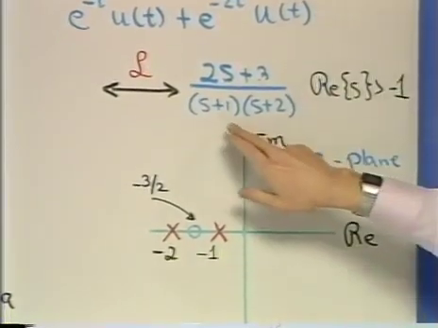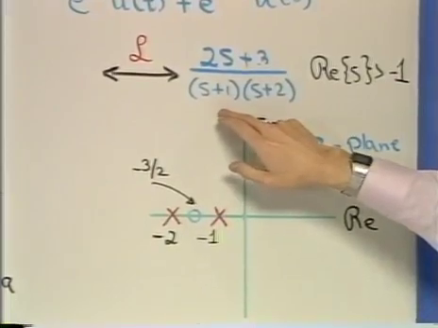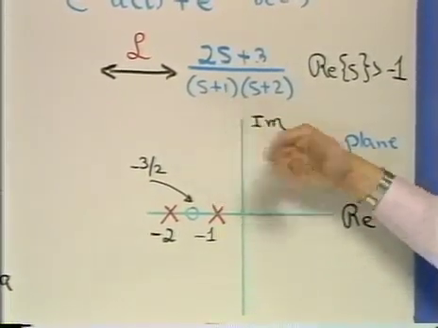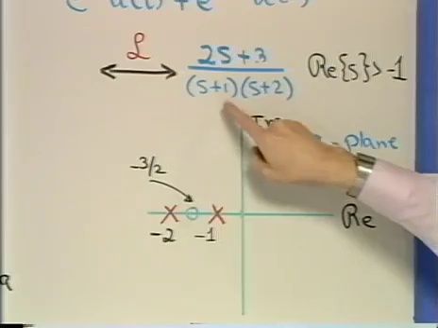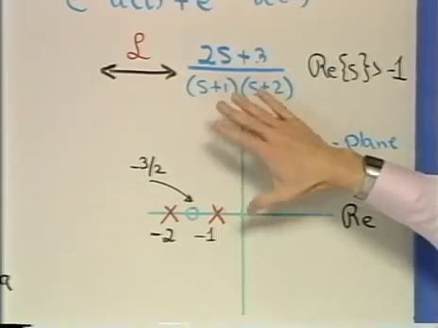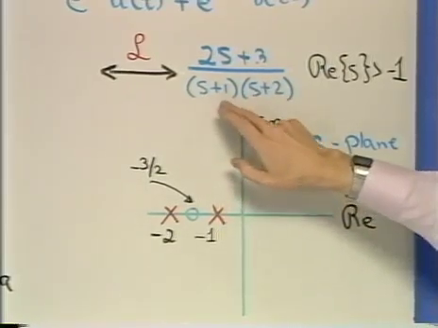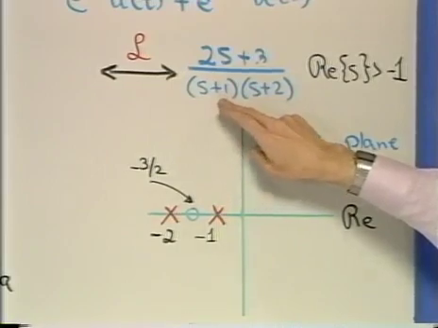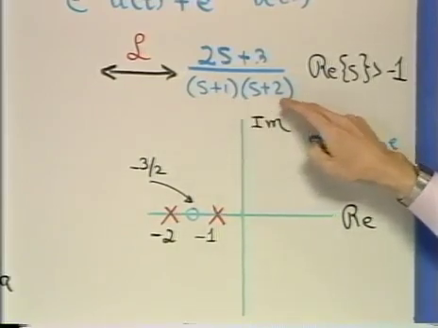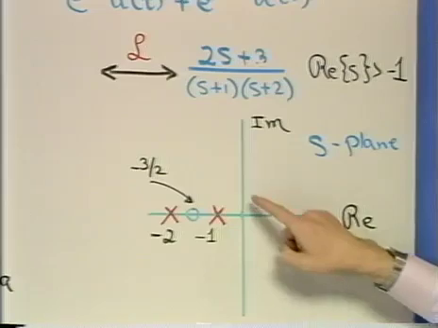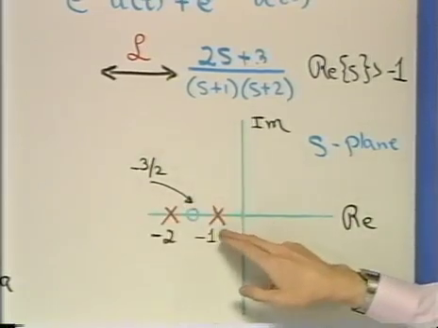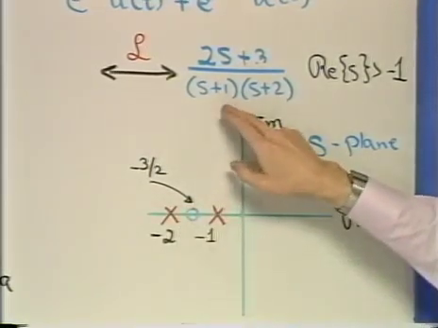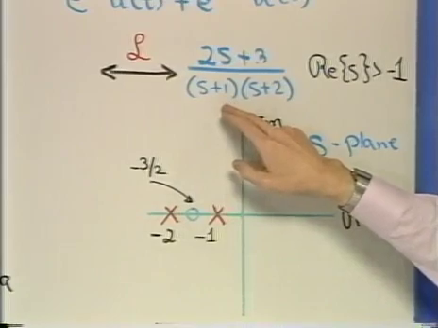So we can, for example, take the denominator polynomial and summarize it by representing the fact that it has roots at s equals -1 and at s equals -2. I've done that in this picture by putting an x where the roots of the denominator polynomial are.